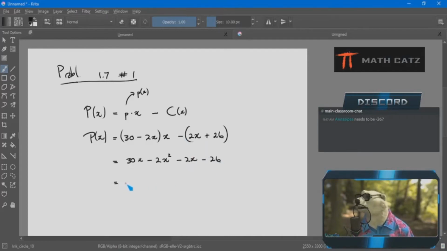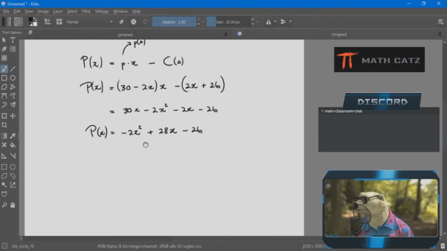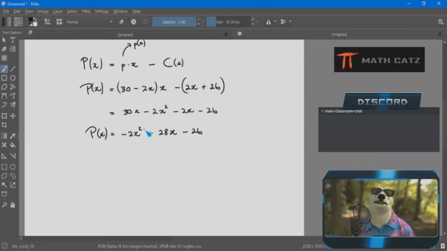I'm going to put them in decreasing powers of x: negative 2x squared, and then I have a plus 28x and a minus 26. And that, I'll label it again, is my profit function. Now I can look at this function and say, oh, let me move the mouse. It's a quadratic function, which means my analysis can exploit the things I know about quadratic functions. All right.